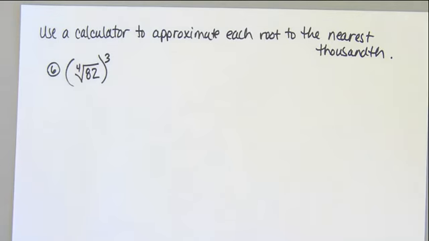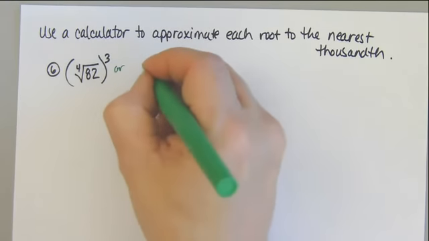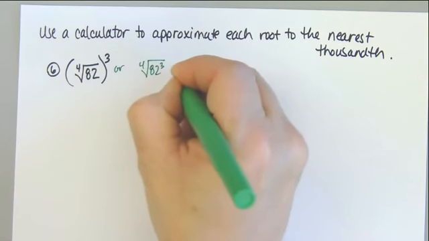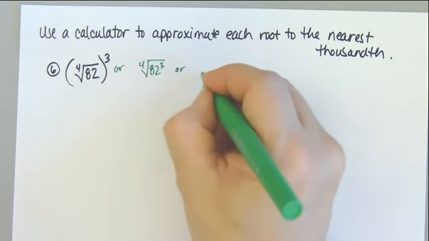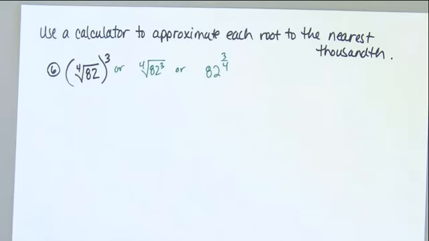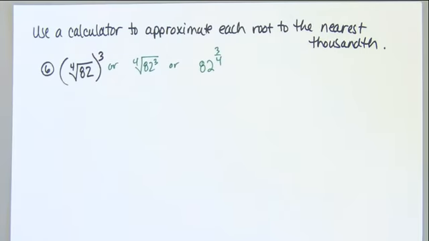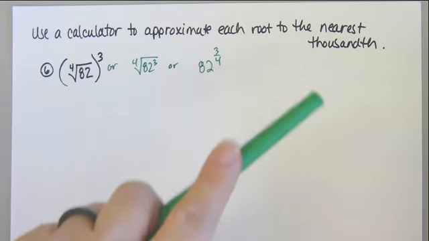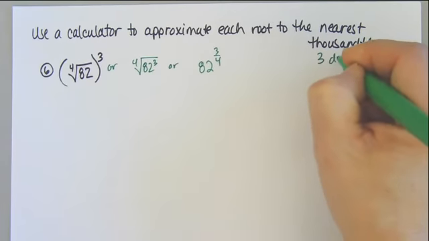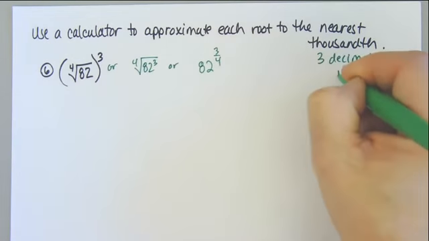So we can type it into the calculator exactly like that, or you could actually rewrite it as the 4th root of 82 cubed, or you could even write it as 82 to the 3/4 power. So I'm going to show you how to type all 3 of those into the calculator, and we should get the same answer. And then we're going to round to the nearest thousandth. Remember, thousandth is 3 decimal places.